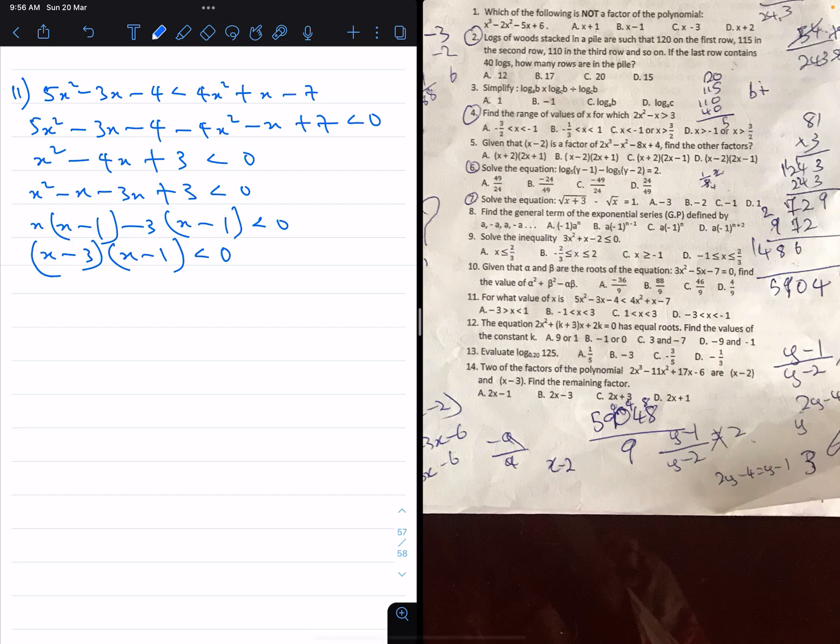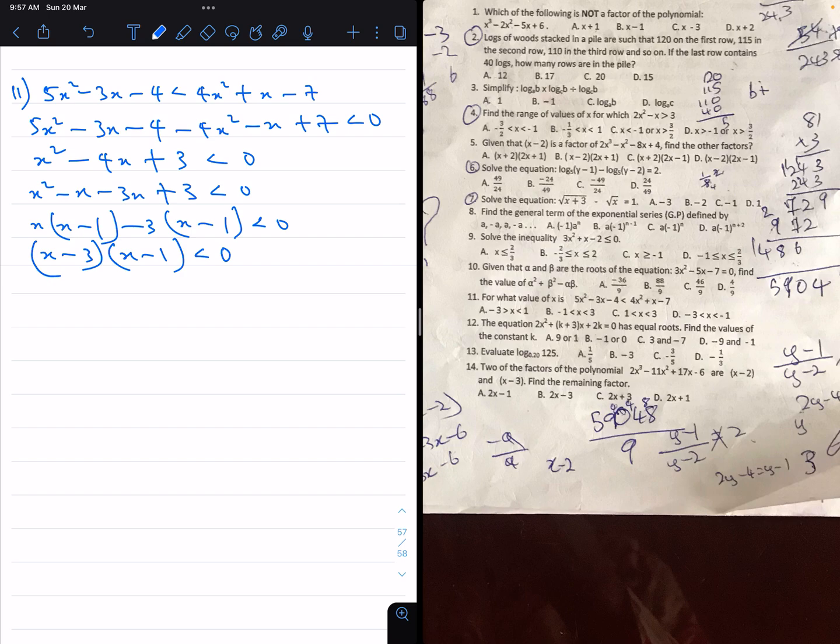So what do you now do here? What are the conditions under which the product of two factors can be less than 0? It's either one of them is less than 0 and the other is greater. Either the first one is greater than 0 and the second one is less than 0, plus times minus. They are not both going to be greater than 0, because the product is less than 0.